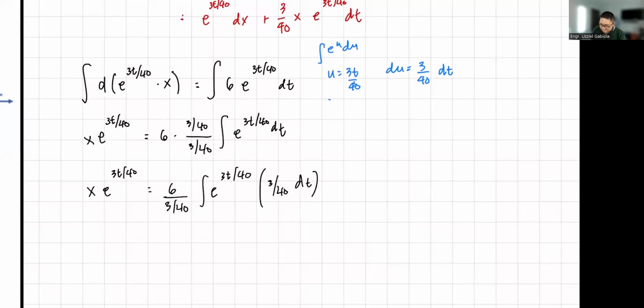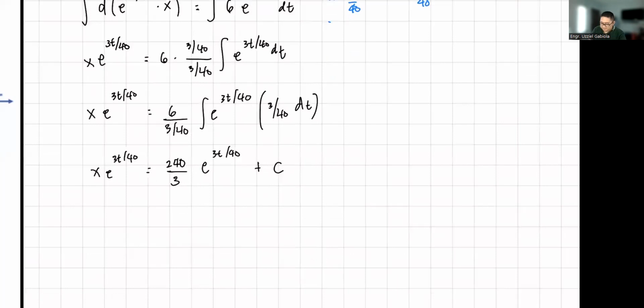Okay. So, x e^(3t/40) will be 240 over 3 times e^(3t/40) plus c. Okay? So, pag sinimplify natin, try natin multiply by e^(-3t/40). That will be x is equals to 240 over 3 plus c e^(-3t/40). So, ito yung general equation natin.